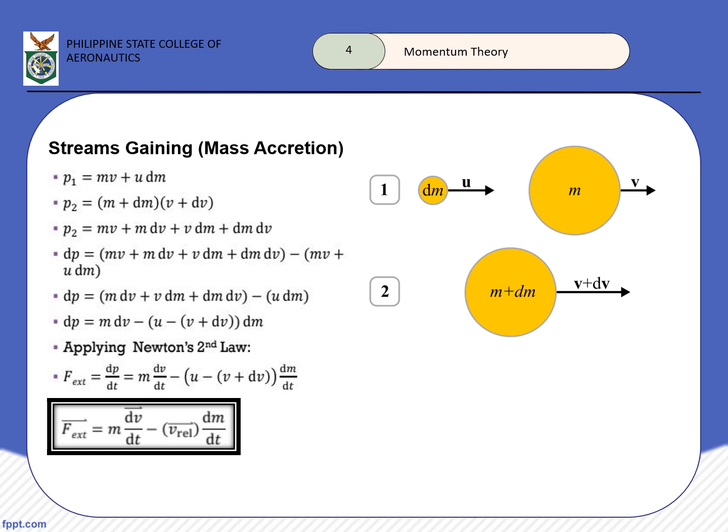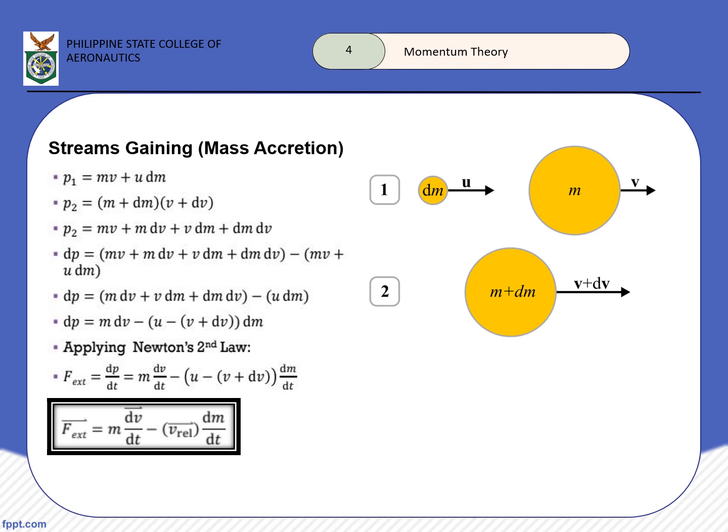Then, we get the difference in P by equating P1 and P2. Then we simplify it to the further bullets. Then we would be applying Newton's second law, which states that force is equal to mass multiplied by acceleration.